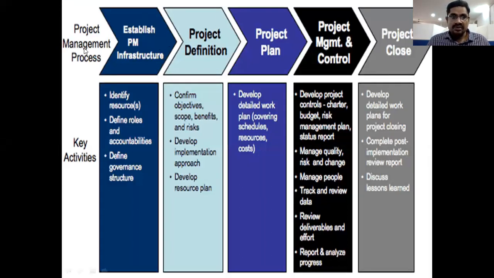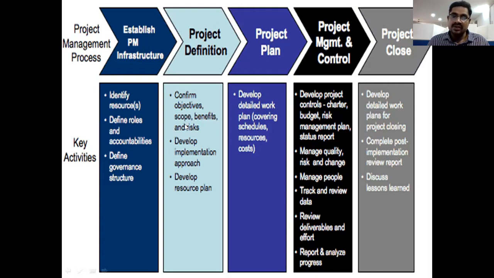These are the steps in the project management process. Identify the resources, roles and responsibilities, maintenance structure, which come under project management, establishment of plans, infrastructure. Next, understand the project exactly.